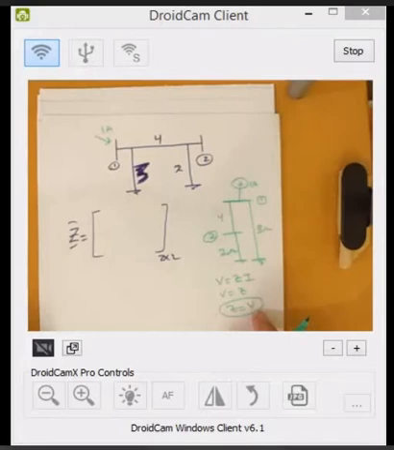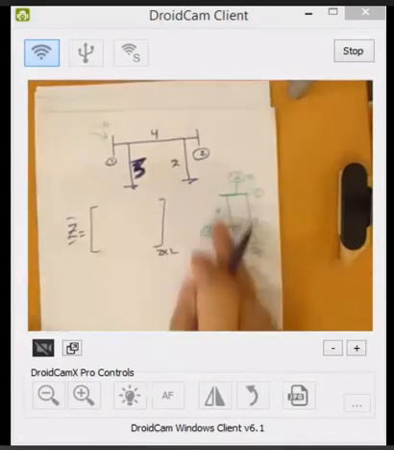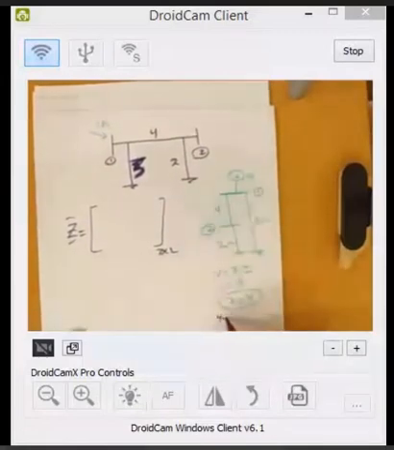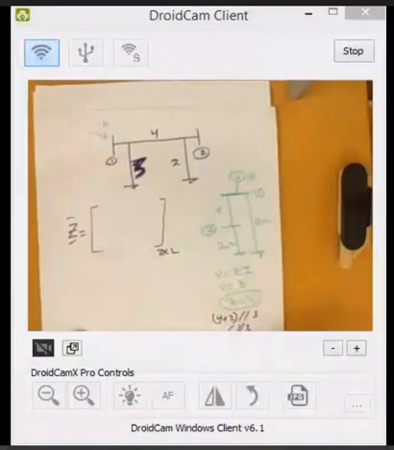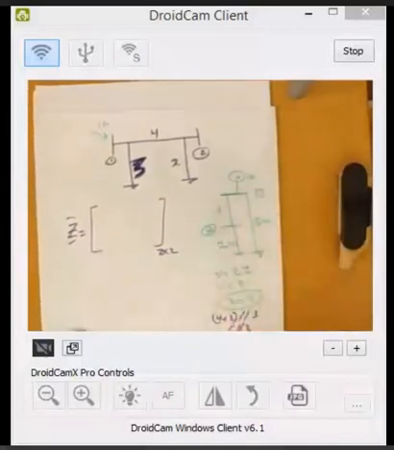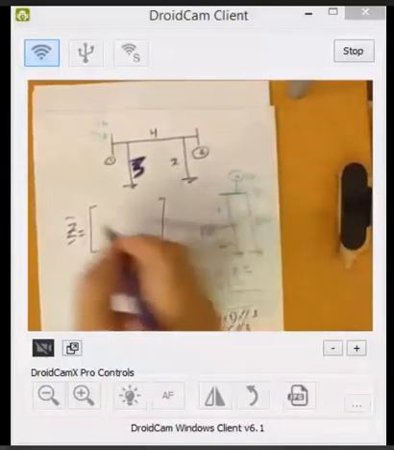Here, 4 plus 2 in series is parallel with the 3, so 6 parallel with 3, and 6 multiplied by 3 over 6 plus 3 is equal to 2. So Z total from here is equal to 2 ohm.